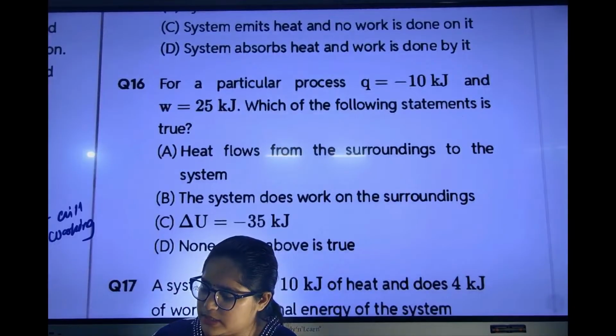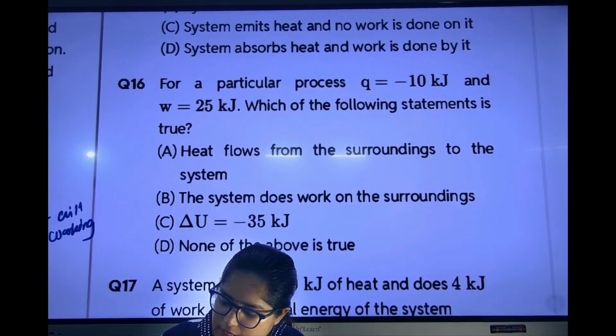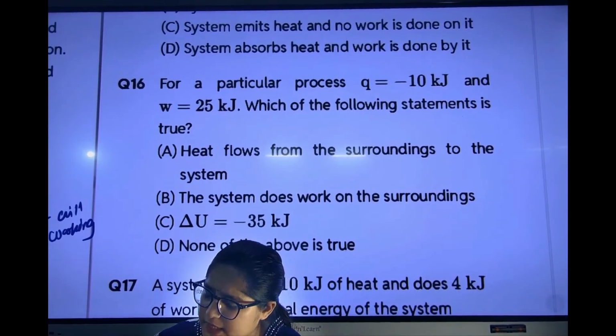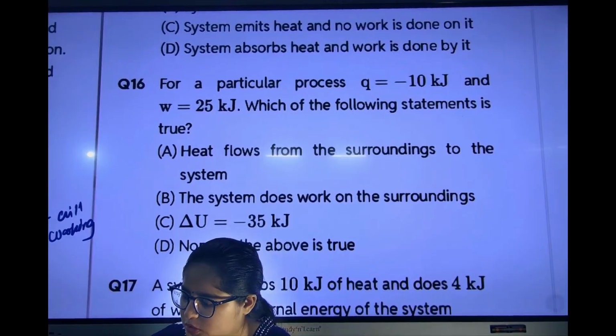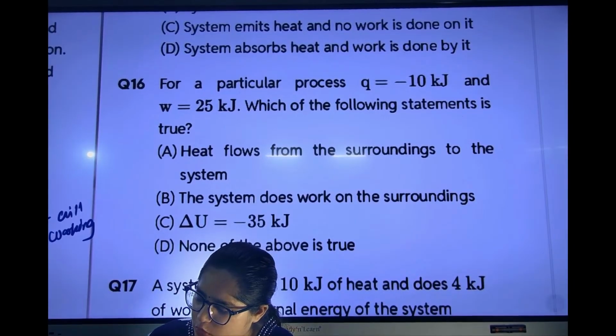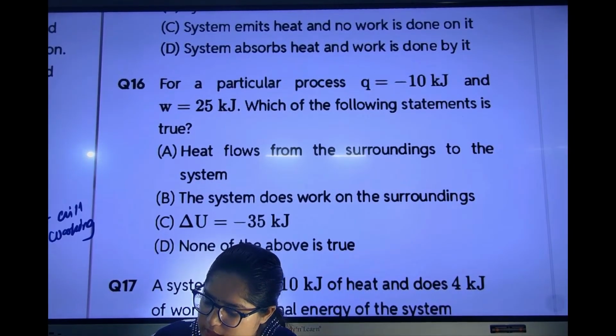Next, question number 16. For a particular process, Q is equal to minus 10 kilojoule and work done is equal to 25 kilojoule. Which of the following statements is true? Let us see the statements. Heat flows from the surrounding to the system.